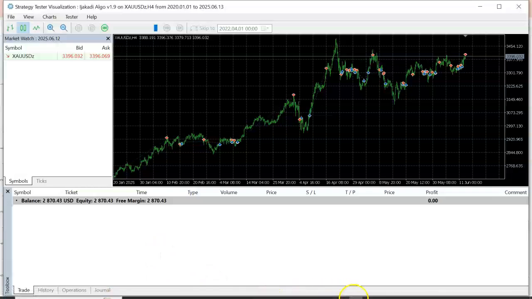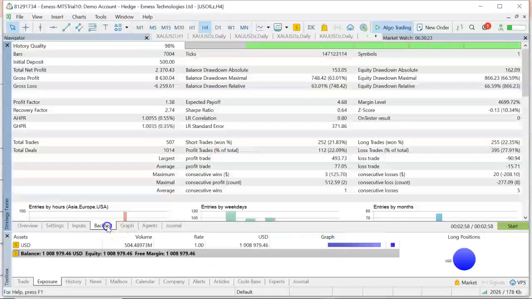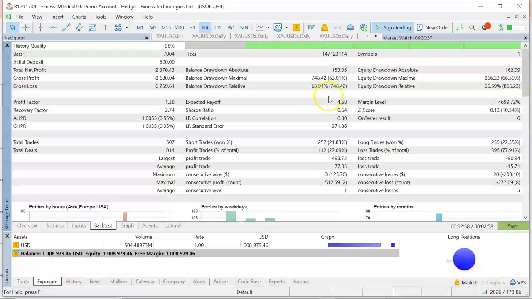Now let us check our report sheets, which is this one. The max drawdown of that account was 63%. That's why I said if you're willing to take some risk. And it pulled that account up by over 400%.